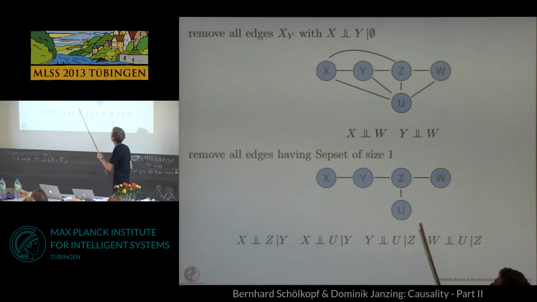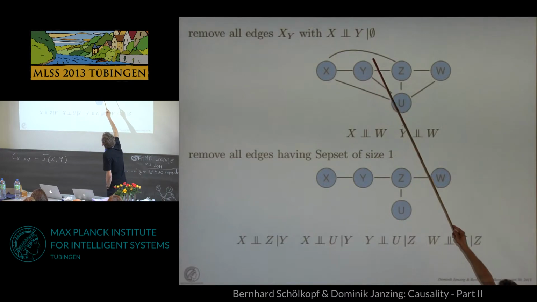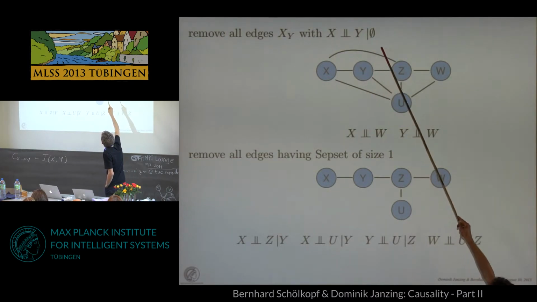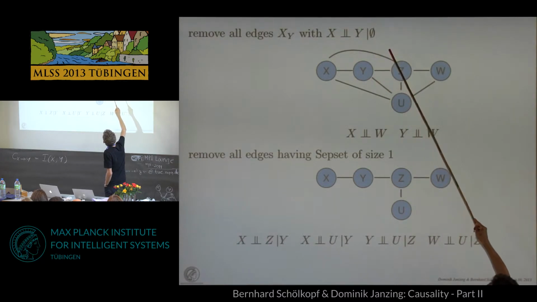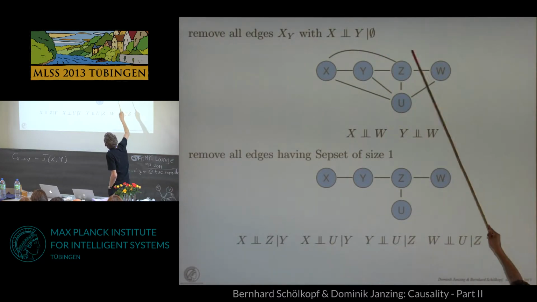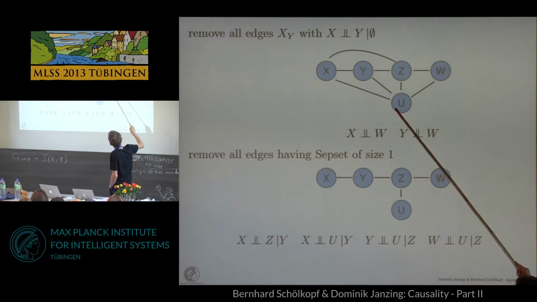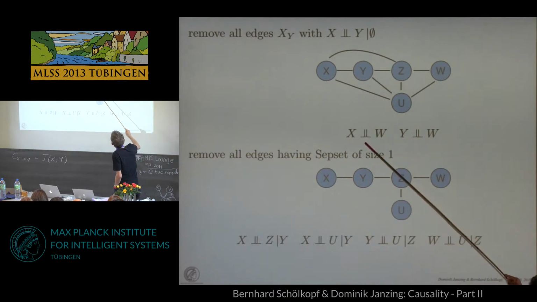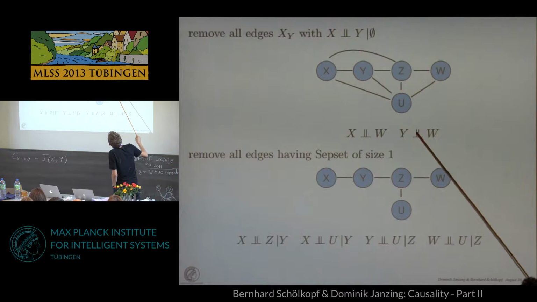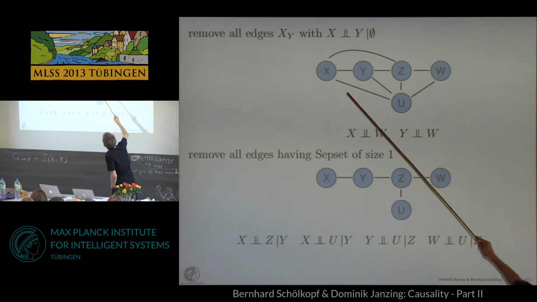And we first remove all edges for variables that are independent given the empty set. Okay, we end up with this graph because we have identified x1. This is a typo.